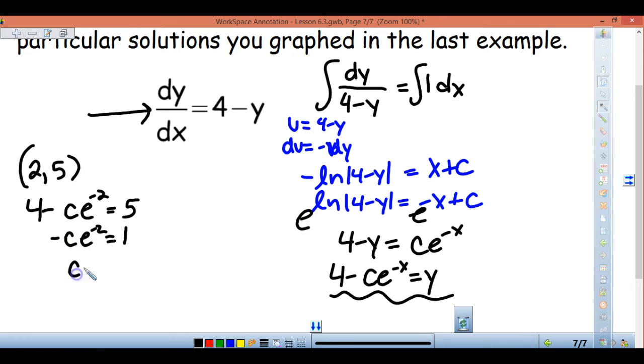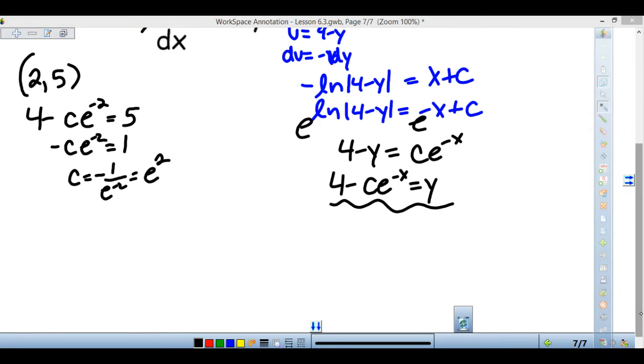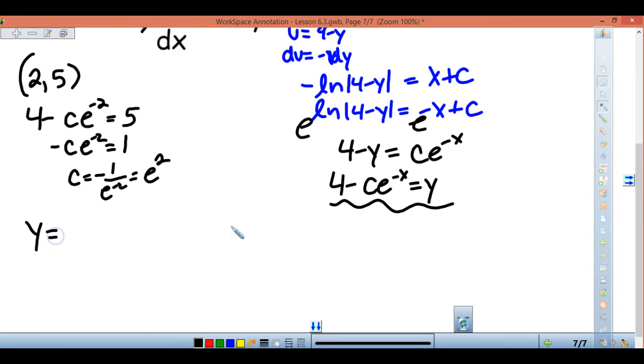So c is going to equal negative 1 over e to the negative 2, which would just be e squared. So getting my particular solution plugged in here, I'd have y equals 4 minus e squared e to the negative x, which would clean up to be e to the 2 minus x in exact form.